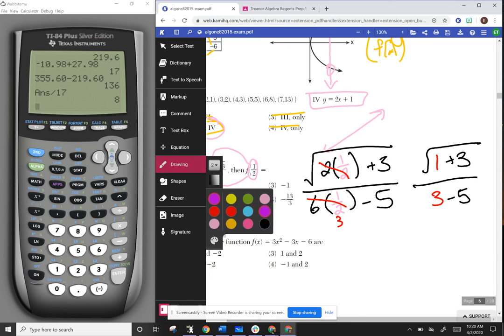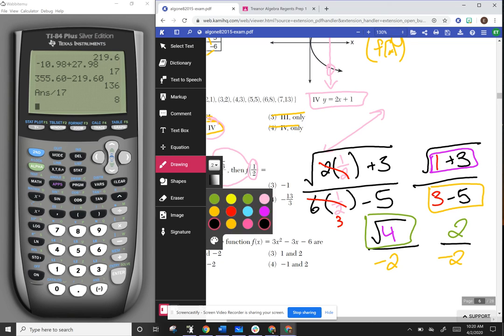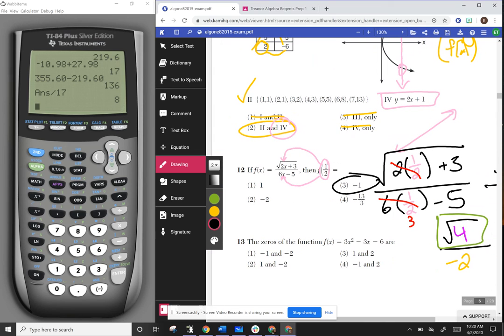We know that 1 plus 3 is 4. So we're going to get the square root of 4 divided by 3 minus 5 is negative 2. The square root of 4 is positive 2. So 2 divided by negative 2, we're going to get negative 1. And that is option choice 3.